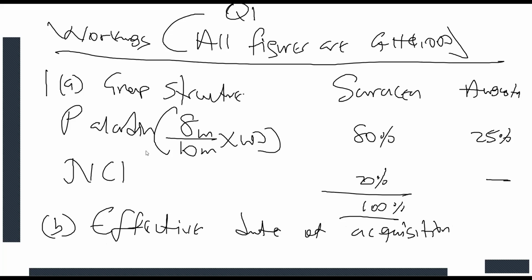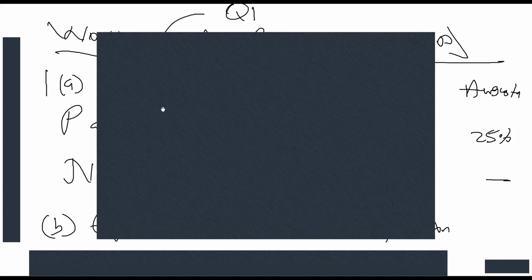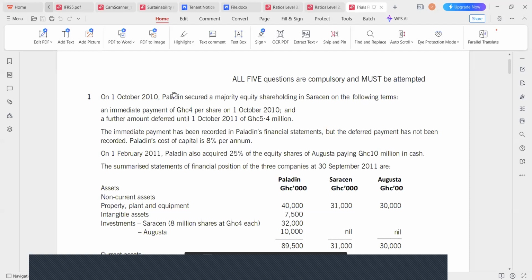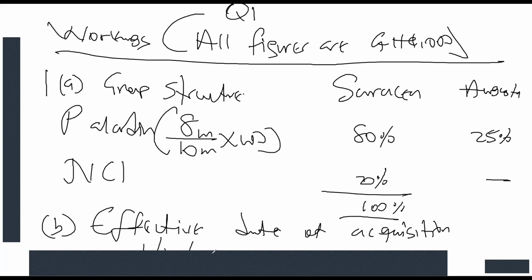When was that? Let's go back to the question. It said on October 1st, 2010. So October 1st, 2010 is the effective date of acquisition. So all you have to do is just write 1st October 2010.